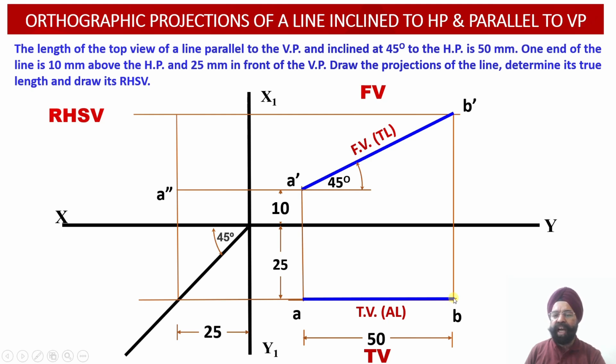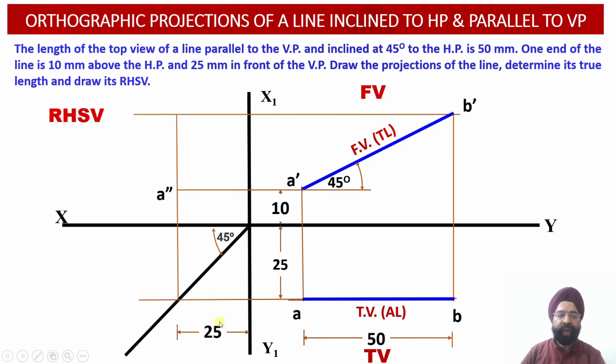In order to transfer this distance into the profile view projection plane, we draw a horizontal locus line and extend it till it meets this particular transfer line, right? Wherever the intersection occurs, we have transferred this vertical distance into the horizontal distance over here, right? So this is the 25 millimeter horizontal distance.